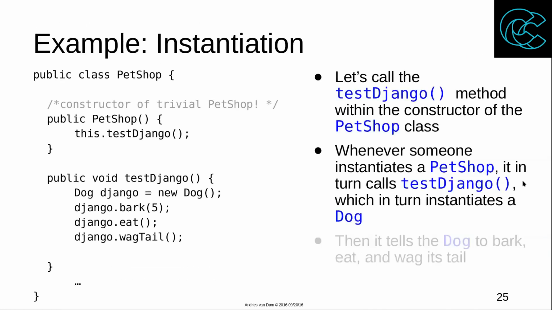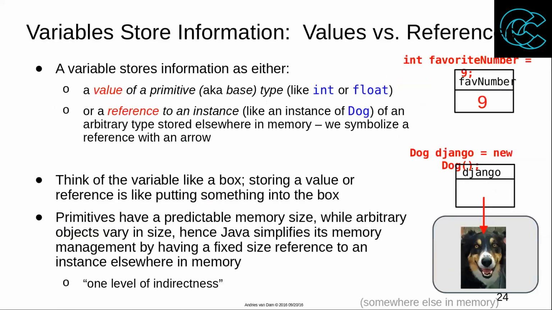Okay. Yes, sir, but if we have to have another object with the same attributes, I don't want to refer to the same thing. Yeah, then you have to do it manually. The way you do it is you can say dog Django 2 equals new dog. That means a new memory location would be created.